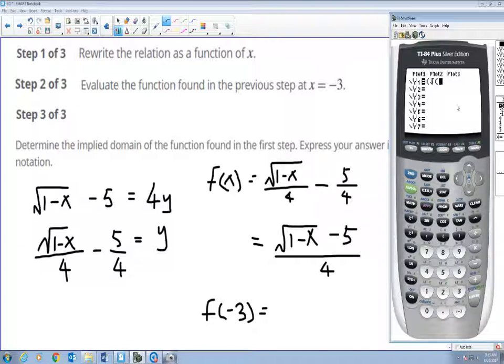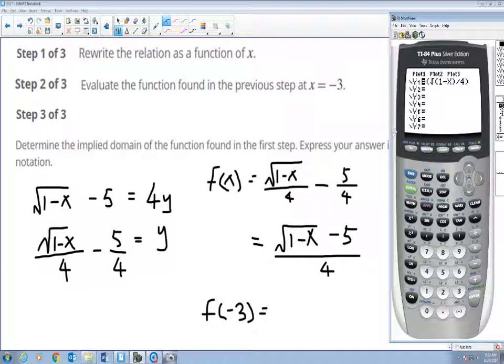Second, square root, so my square root gives me an open parenthesis. 1 minus x. Close the parenthesis for my numerator. Close the parenthesis for my square root. Then we divide it by 4. And close the parenthesis for my first term right here.